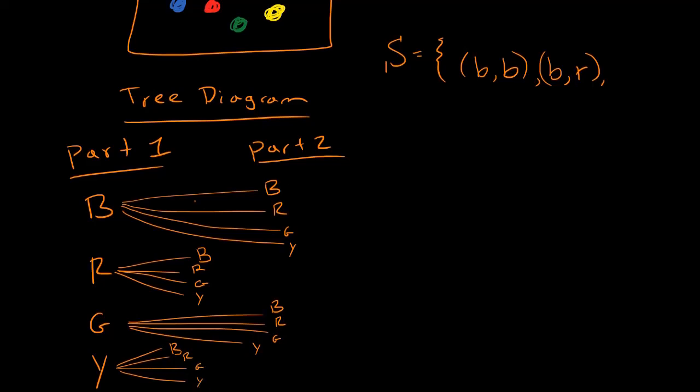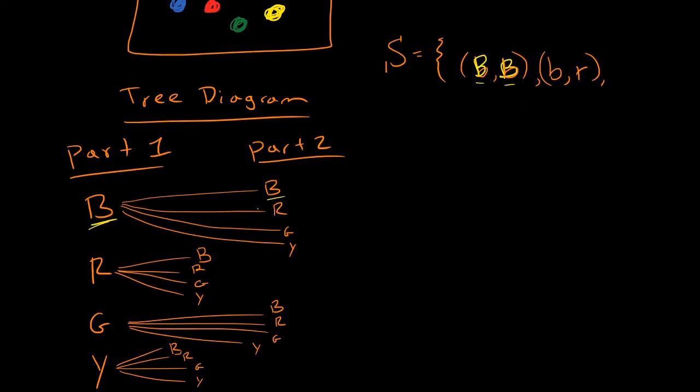All right, so this is your tree diagram. And the way we would read this is we would say, okay, so we have, let me use different colors. So I have blue, blue. All right, I can use capital letters here.